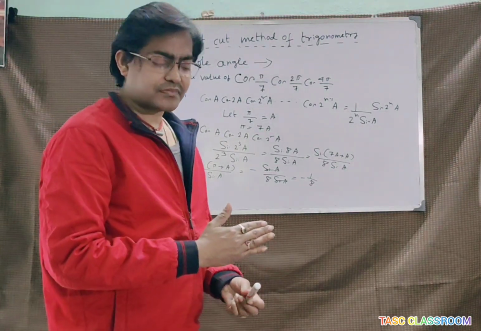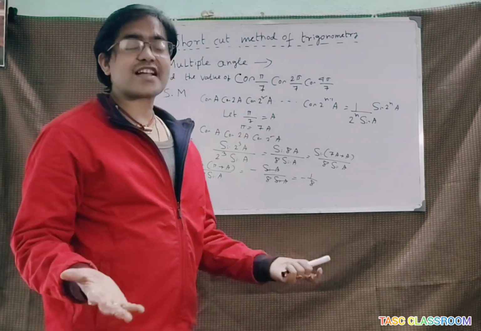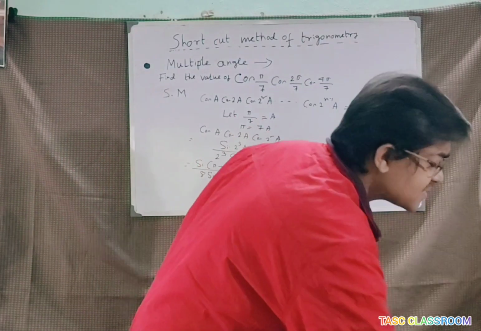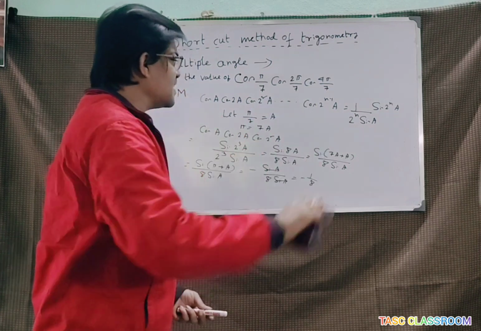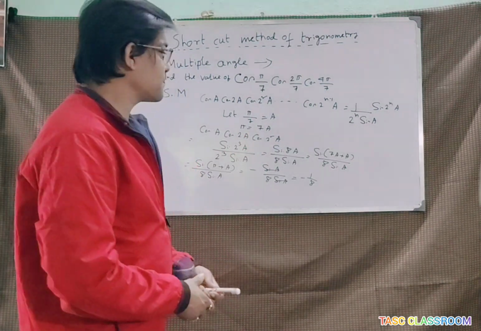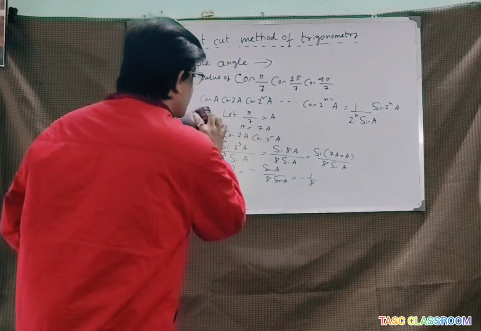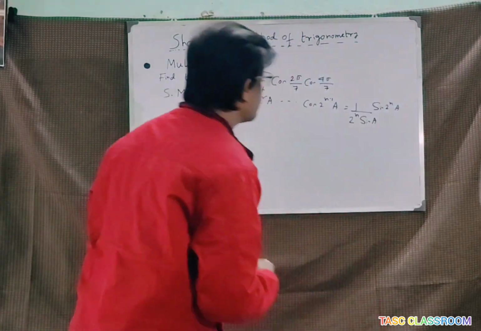Now we will show the semi-shortcut method of this process. Very interesting process is there. Semi-shortcut method by which you can solve easily in a fraction of a second. What is the semi-shortcut method? Look at the problem.